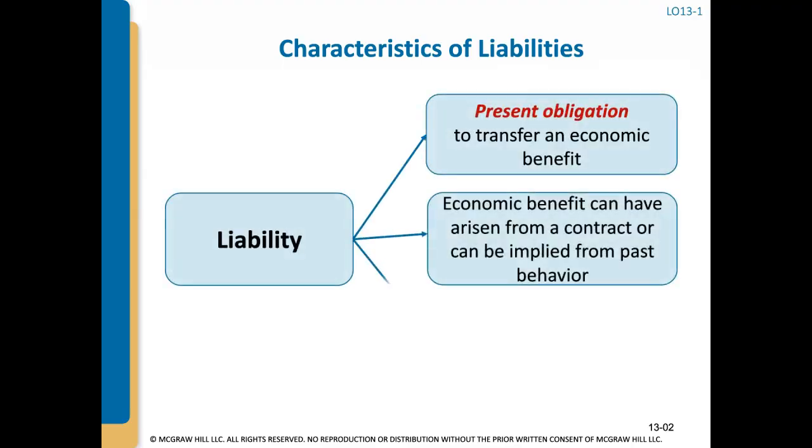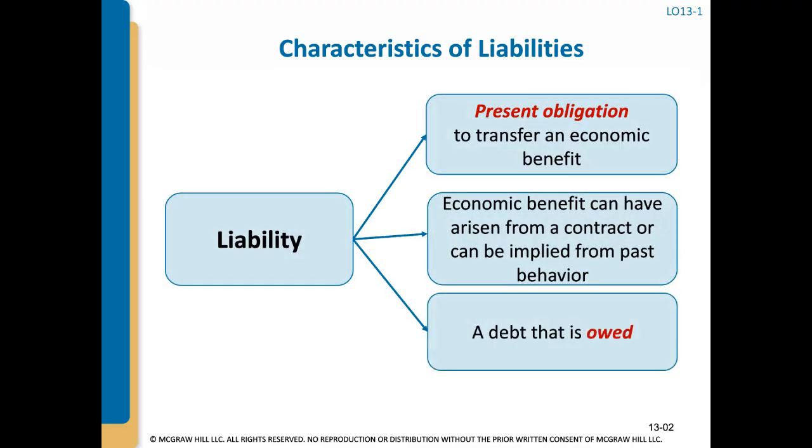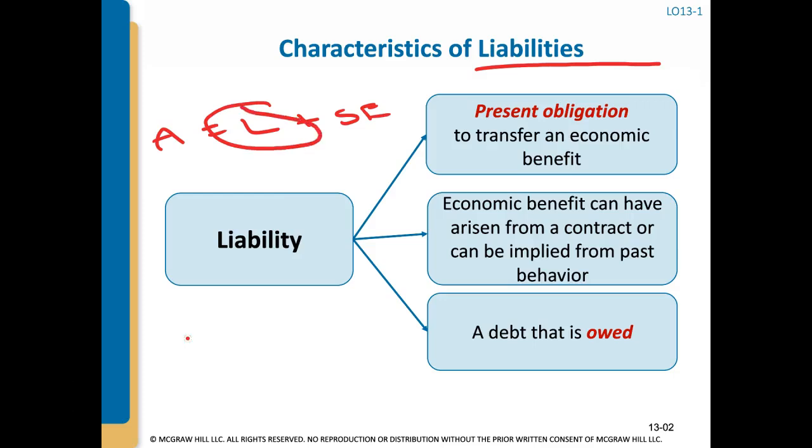So before we get to what is a current liability, we have to know what is an actual liability, just in general. A liability is on the balance sheet, and if you remember, the balance sheet is assets equals liabilities plus stockholders' equity. And so this entire chapter is devoted to liabilities.